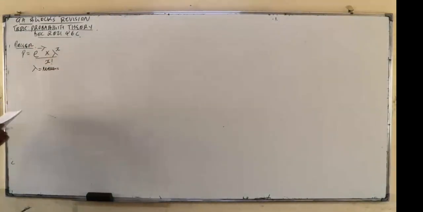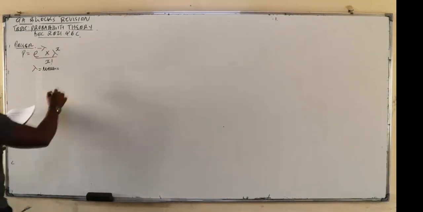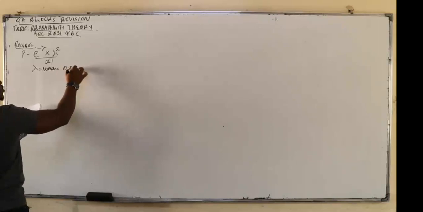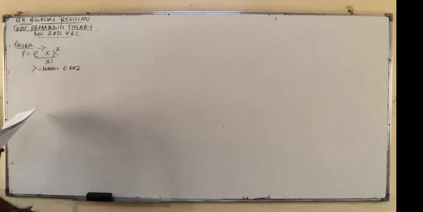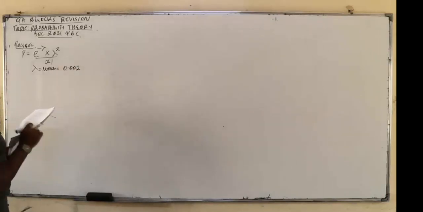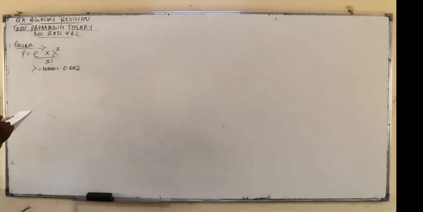Now, how do you get the mean? During a manufacture of a product, 0.02 of the product turns out to be defective. The product is supplied in packets of 10. So it's 10, 10, 10, 10. A consignment of 100,000 packets. So the consignment is 100,000 packets.